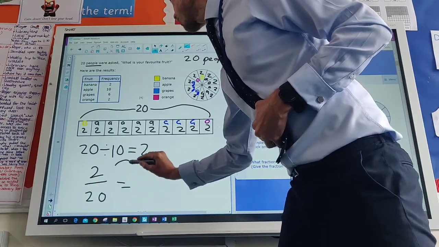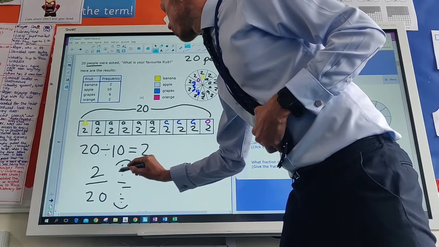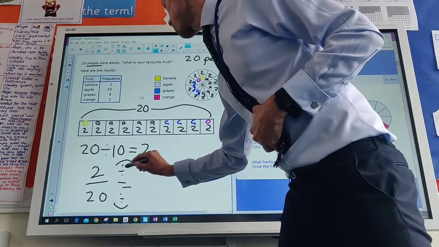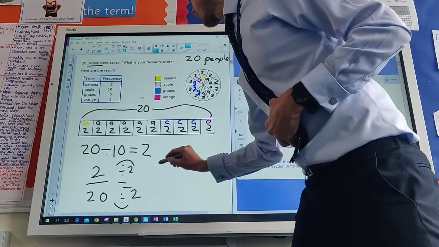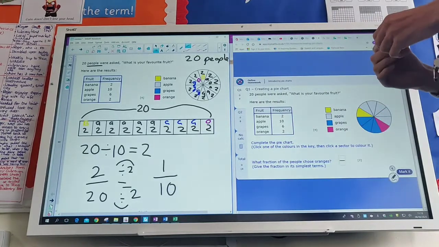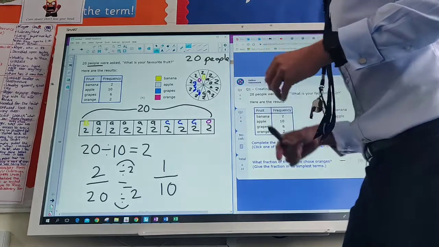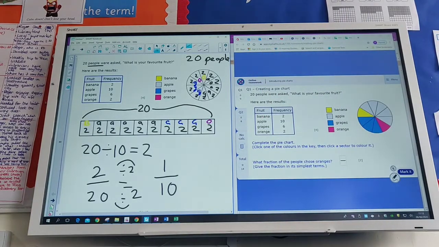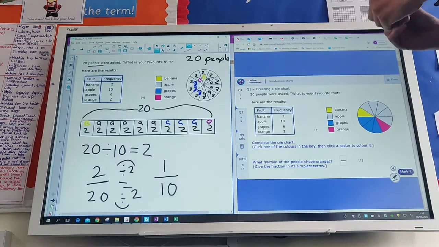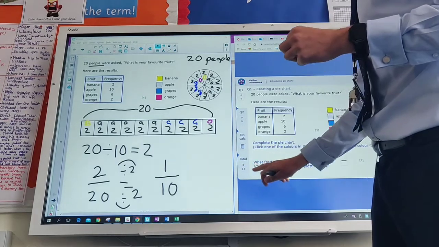We can simplify this by dividing by the highest common factor, which is 2, and that will give us 1/10. And you can see there that actually 1/10 of our pie chart is coloured in as orange, so that would be 1/10. Okay, on to the second question.